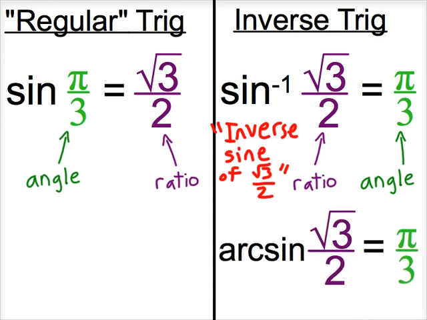So you can either say inverse sine of √3/2, or you can say arc sine of √3/2, and they mean exactly the same thing. There's not a difference at all. You should just be comfortable with whichever notation I use on a test or you may encounter in a textbook, they both mean the same thing.